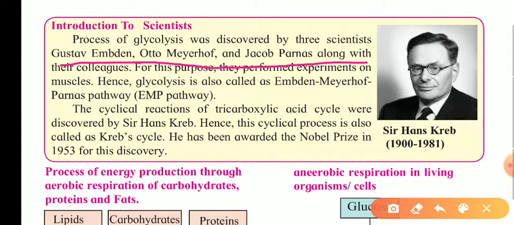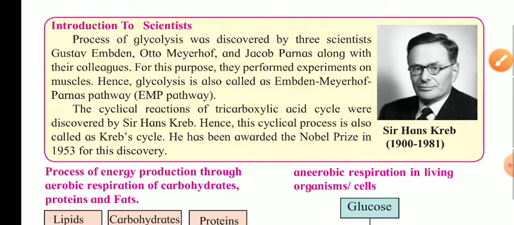Hence, glycolysis is also called the Embden-Meyerhof-Parnas pathway, EMP pathway in short. The cyclical reactions of the tricarboxylic acid cycle were discovered by Sir Hans Krebs. Hence, this cyclical process is also called the Krebs cycle. He was awarded the Nobel Prize for his work in this particular field in the year 1953.